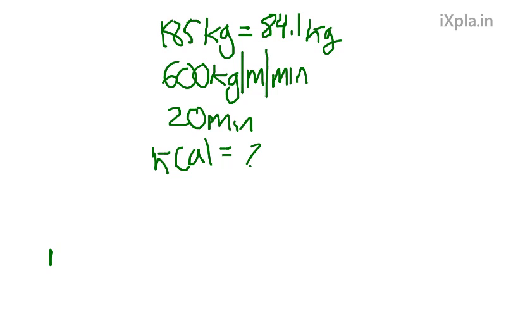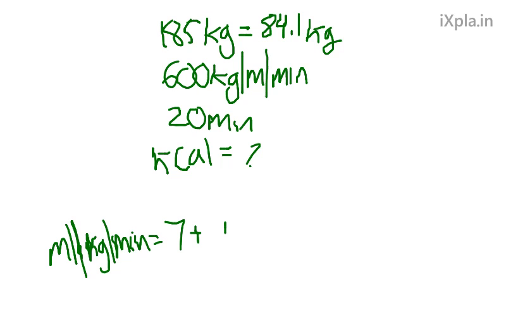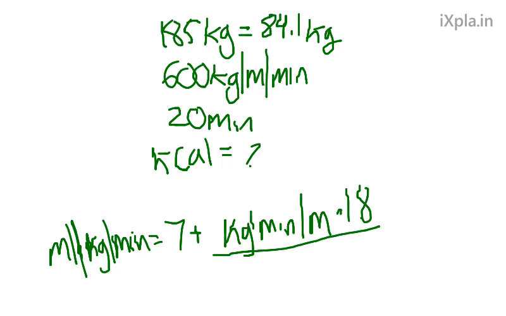Now the formula is milliliters, so relative VO2. This time it's 7 instead of 3.5, plus kilograms, meters, minute, times 1.8, divided by his weight in kilograms. That's very important to note, that this is all together.